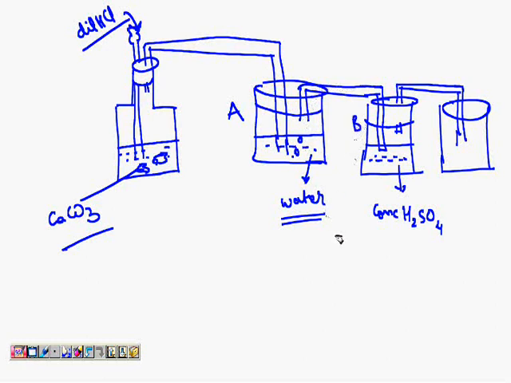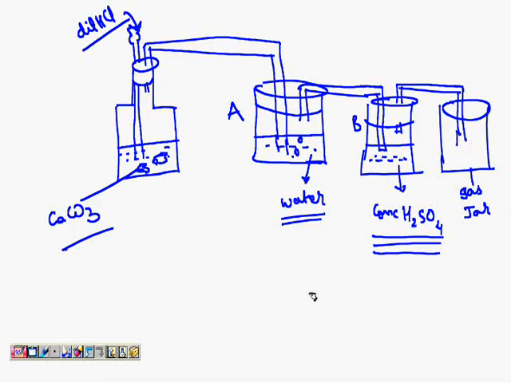Then in the second flask, B, whatever moisture and water vapor impurities are there, for the drying of carbon dioxide gas we are using concentrated sulfuric acid. So in flask B, concentrated sulfuric acid is acting as a drying agent. Now this is the gas jar.